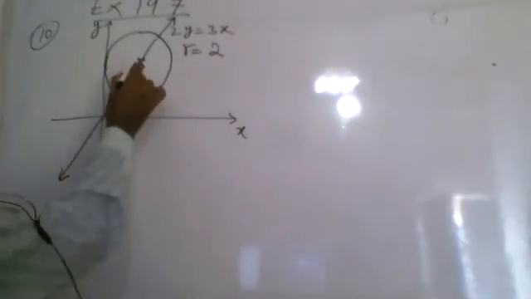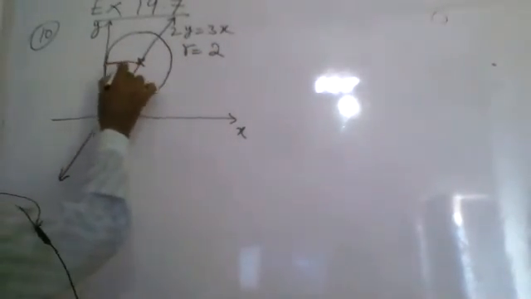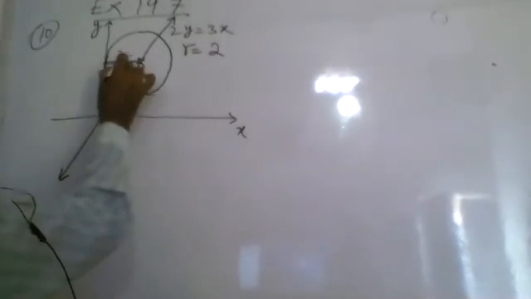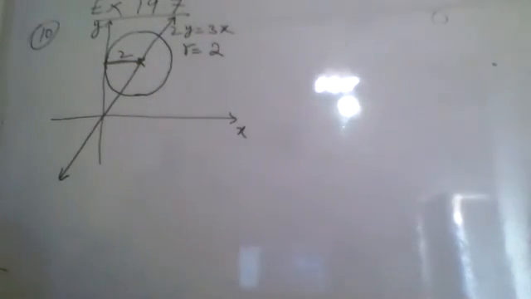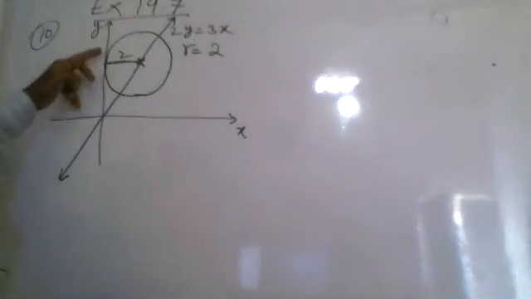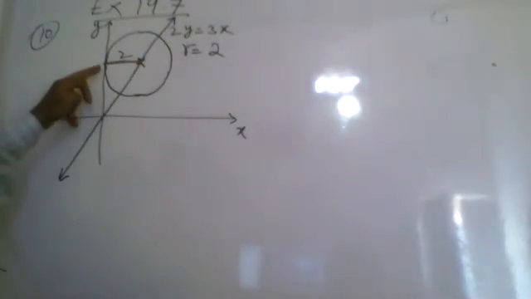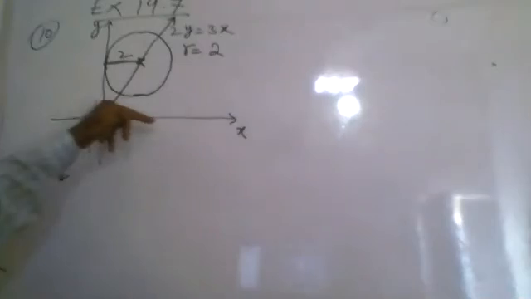So from center to this point, it will be the 2 distance. And you know that tangent is always 90 degree. If you draw a line from center to the tangent, it will be 90 degree. When it is 90 degree, it means it's parallel to the x-axis.